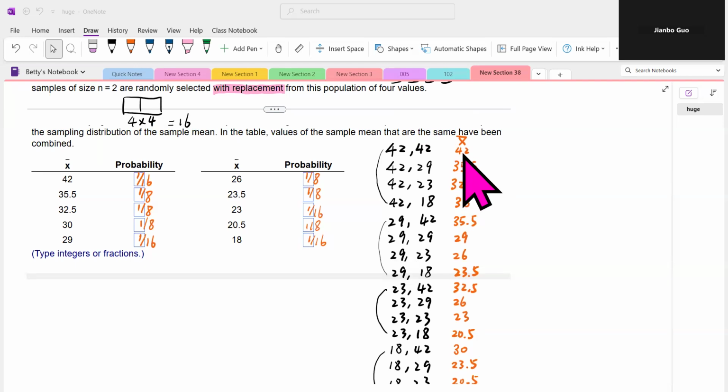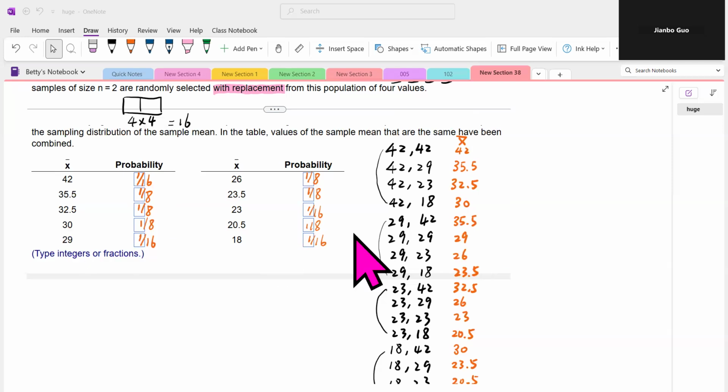So the probability for a sample of size 2 to have the mean value equal to 42 is 1 over 16. It is a random sample. And 35.5 appears twice. So 2 over 16 is 1 over 8.